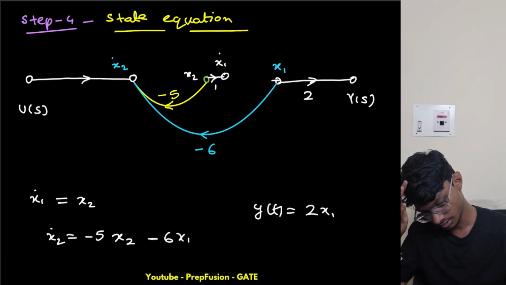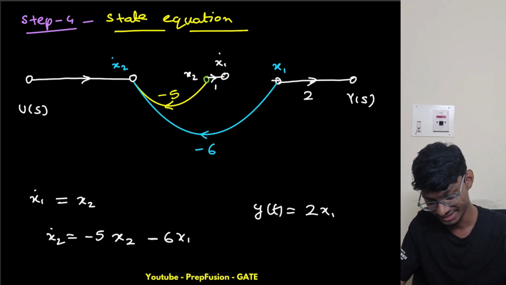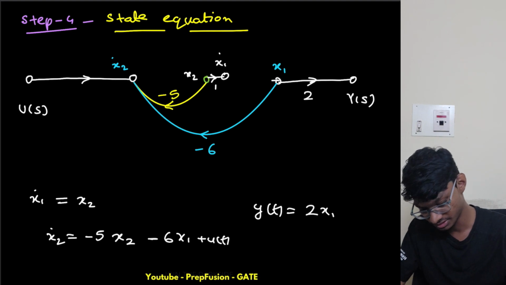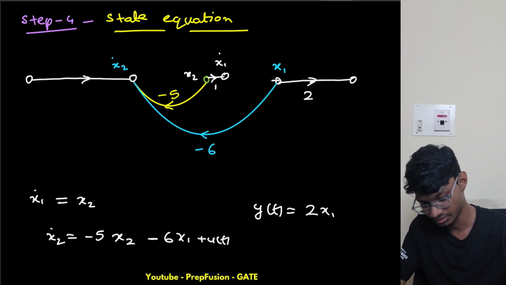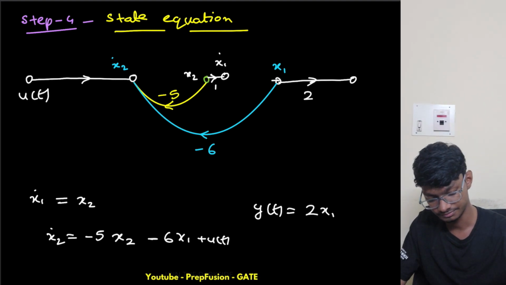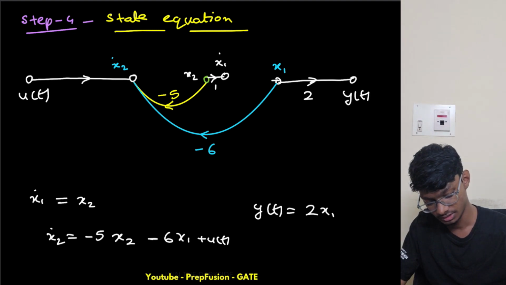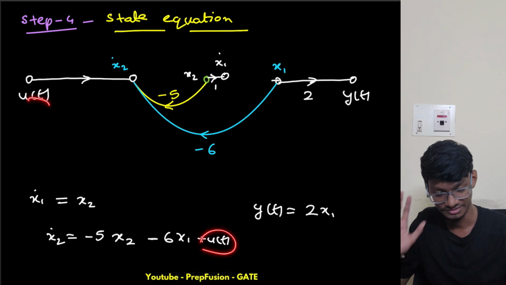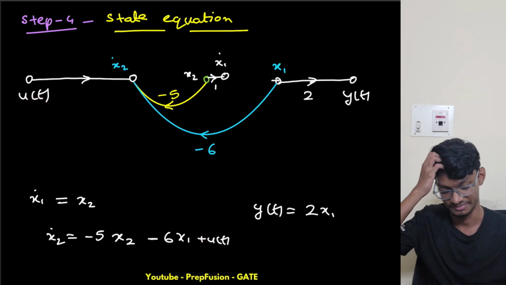Sorry, I forgot something. Here we have u of t also. I need to convert this into y of t and u of t. So sorry, I forgot a u of t here. This type of silly mistake may happen sometimes.